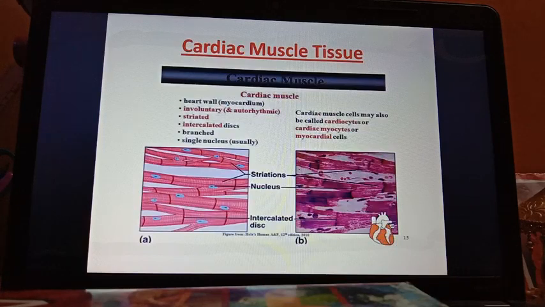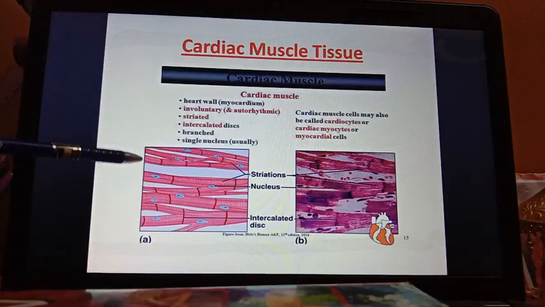Next is cardiac muscle tissue. They are mainly found in the heart wall or myocardium. They are involuntary, striated, branched, and non-fatigued muscles. It mainly helps in the rhythmic contraction and relaxation of the heart.